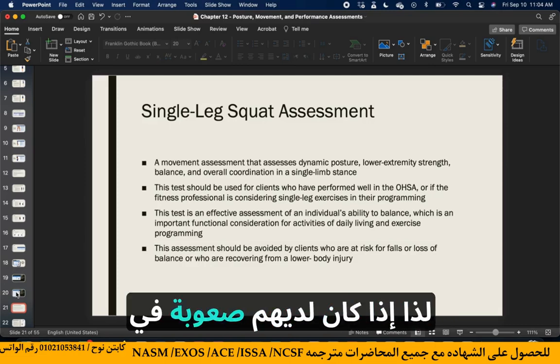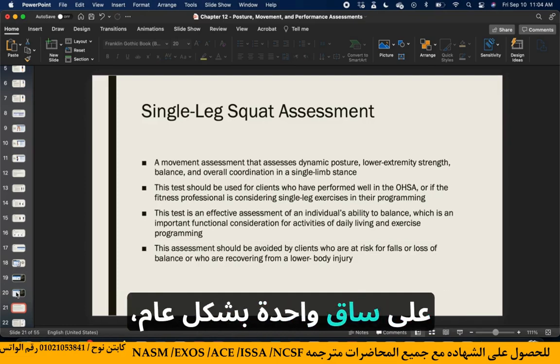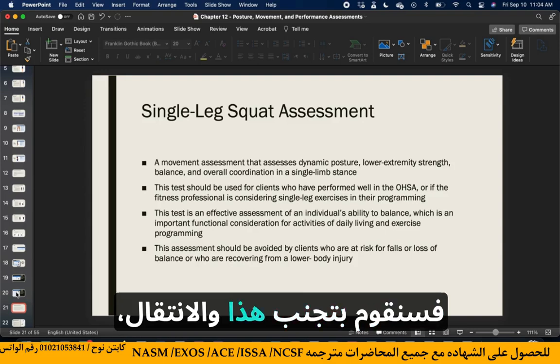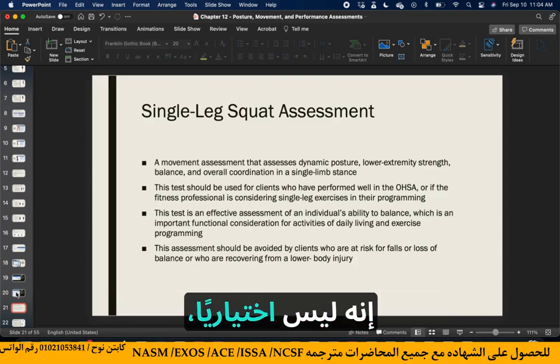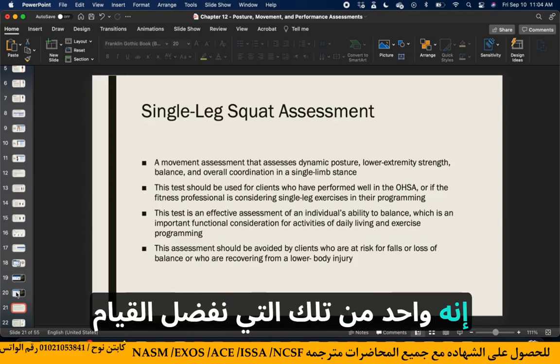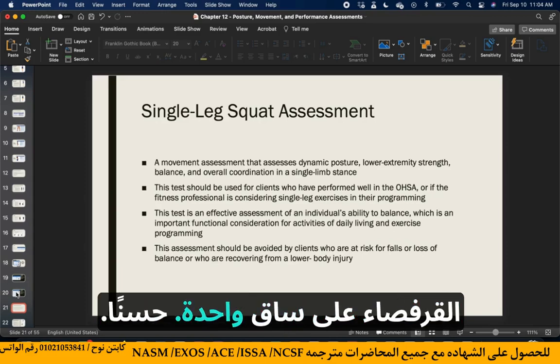So if they have a hard time with balance, or if they have a hard time getting into that single leg squat position in general, then we would avoid this and move on. It's not optional, but it can be. It's one of those where we'd rather do the overhead squat as the priority versus the single leg squat. Okay.